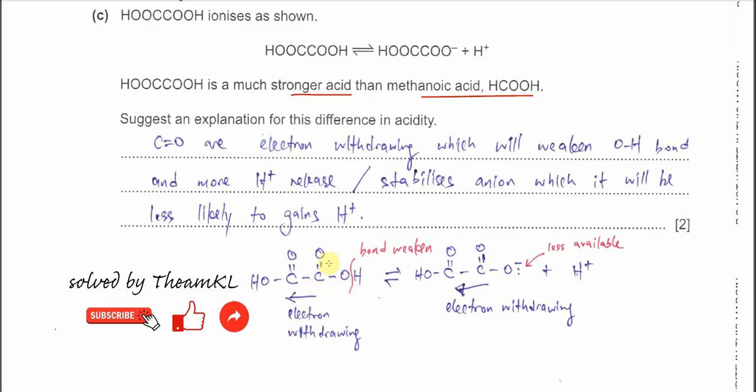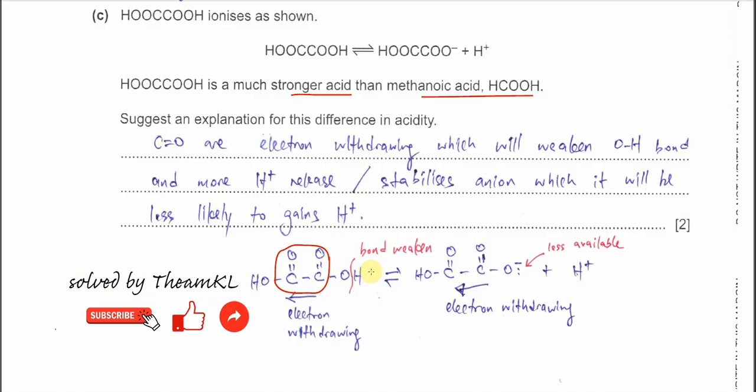In this dicarboxylic acid, there are two carbonyl groups, and the carbonyl groups are electron withdrawing. They pull electrons toward themselves, so the electrons in the OH bond get lesser. This means the bond is weakened, and a weakened bond easily releases H+. So the amount of H+ is more, and it is more acidic.